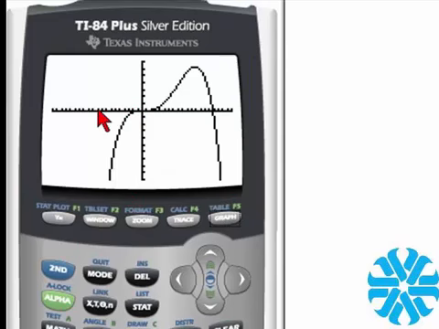So it doesn't look like we need all of these values of x, and maybe we could go ahead and not have so many of these negative values for y. Alright, so let's change this a little bit and see if we can get a better idea of what's going on here. Now in the next video we will learn how to use the zoom box feature, and that's an easy way to figure out what's happening in this area.